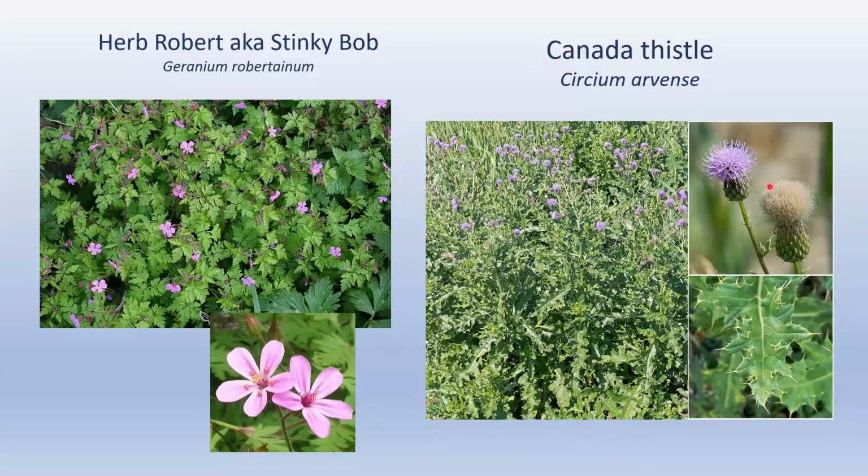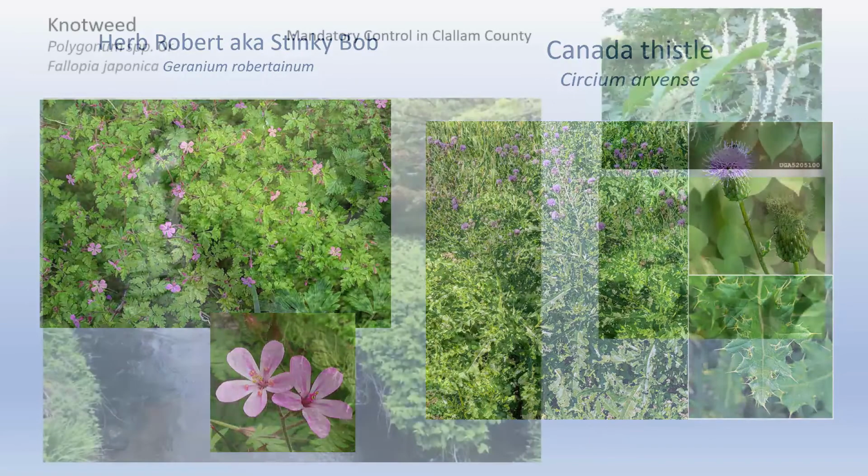It does attract a lot of pollinators. That's why you don't want to spray it when it blooms. And you can smother it out, but you need to smother it for like 3 to 5 years. So sometimes it's just not practical to do those kinds of things. So it's definitely a problem.